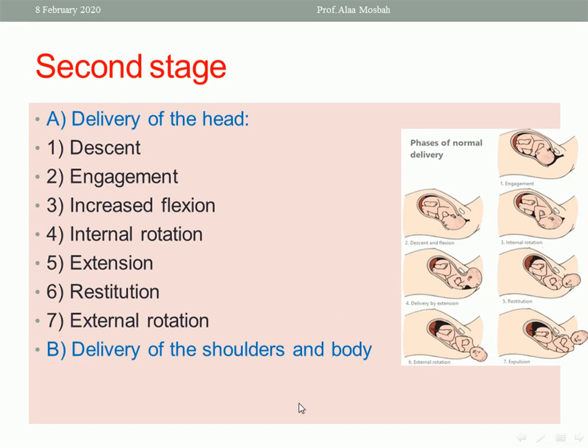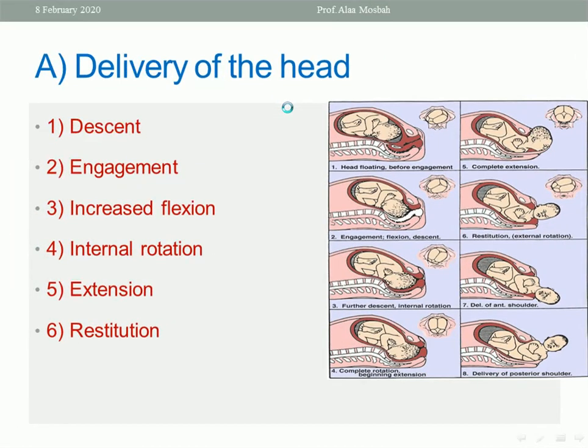The second stage of labor constitutes the delivery of the head and the delivery of the shoulder and body. Delivery of the head includes descent of the head, engagement, increased flexion, internal rotation, extension, and restitution.